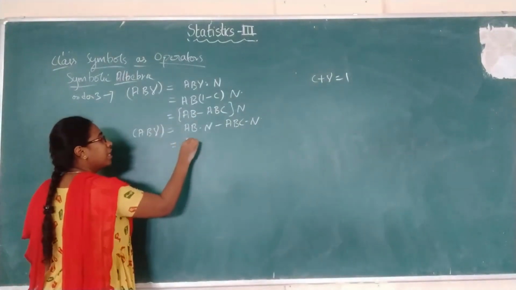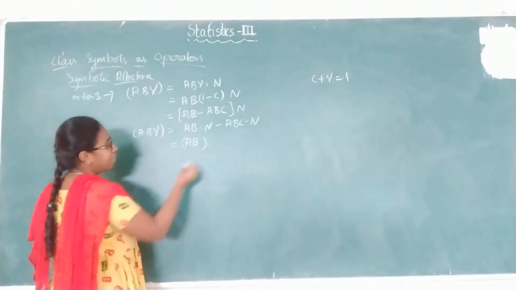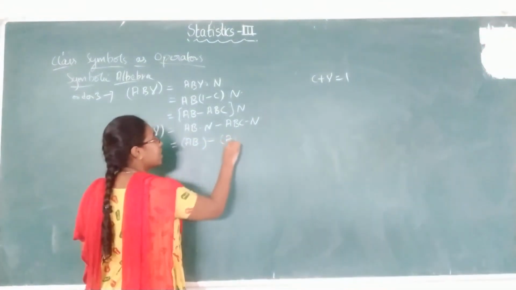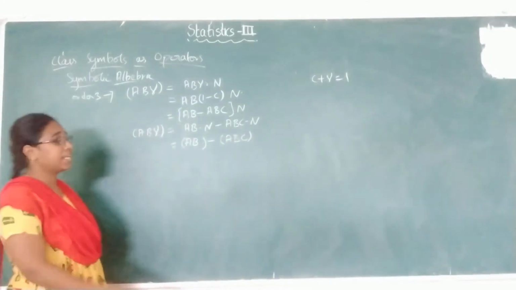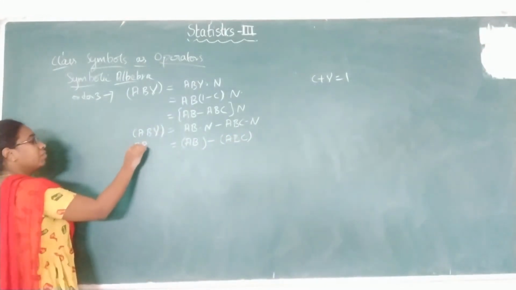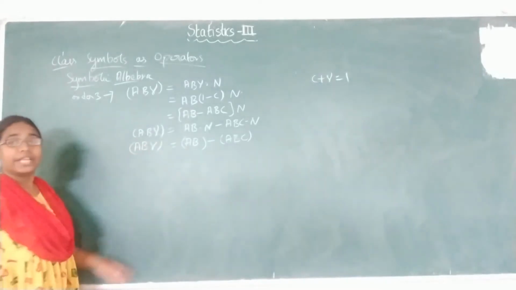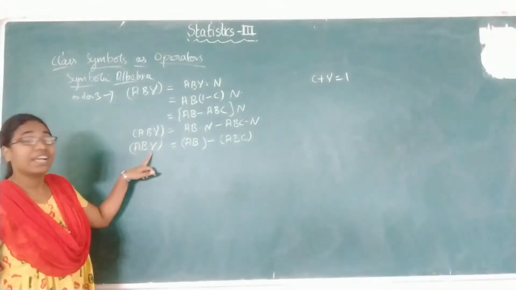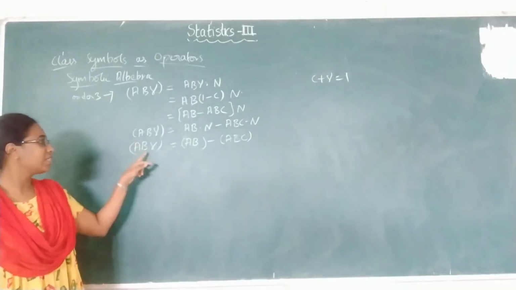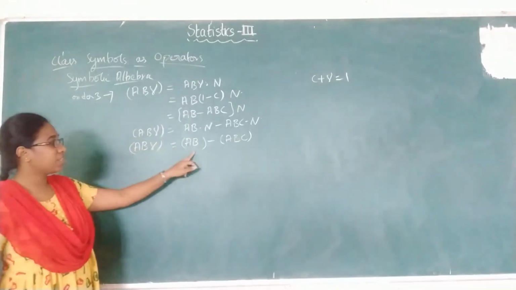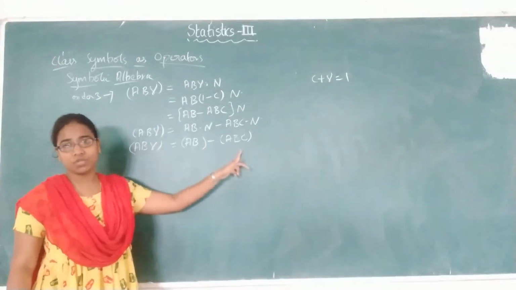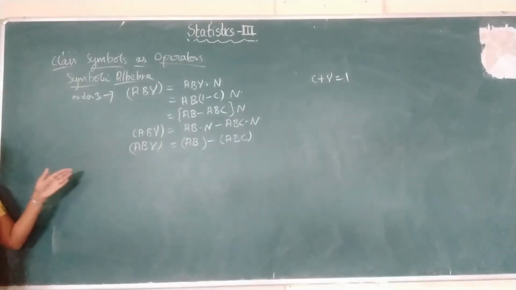So this becomes the class frequency of AB minus the class frequency of ABC. So whenever you have a negative class in AB gamma, here gamma, we have expressed it in terms of all positives only.